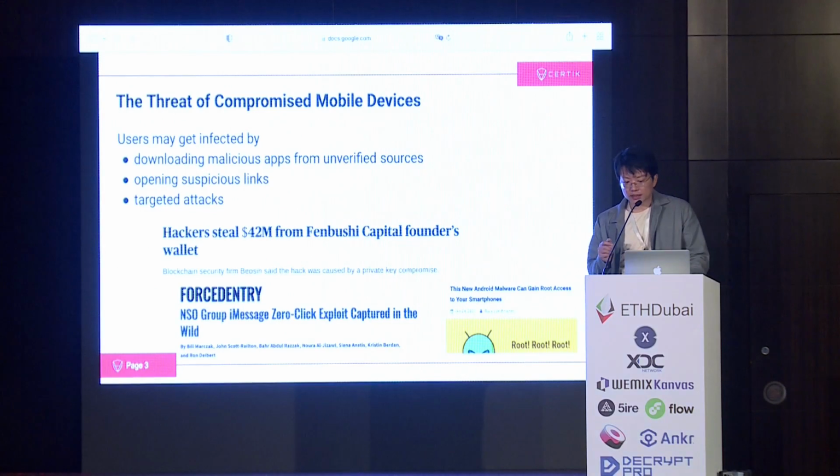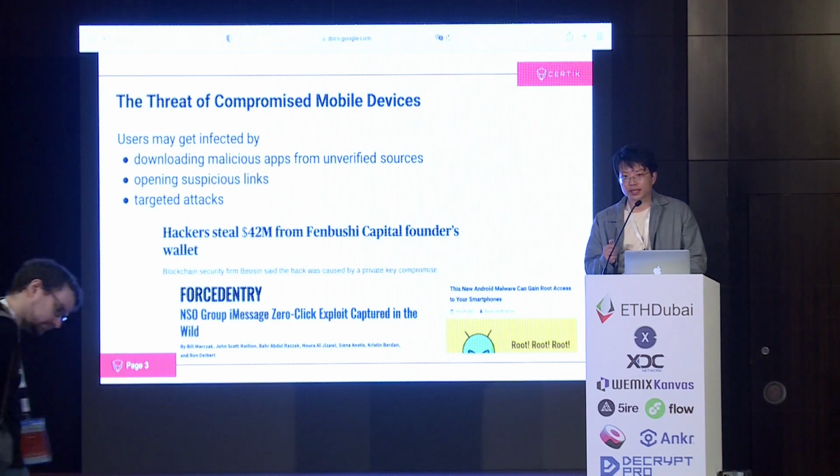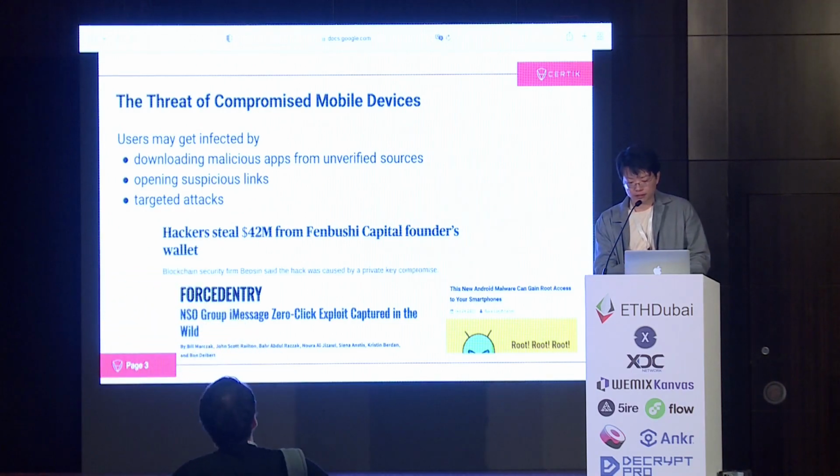These types of threats are becoming more common, as we have seen cases where Android malware can gain root access to a phone, and even iOS is vulnerable to zero-click iMessage attacks.